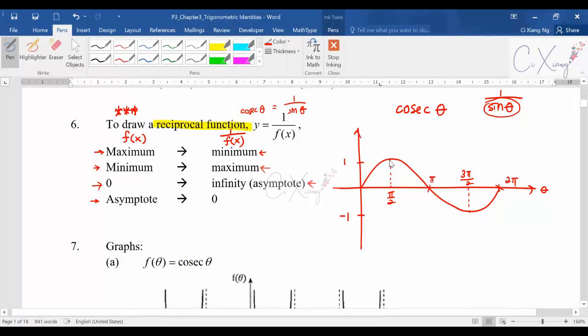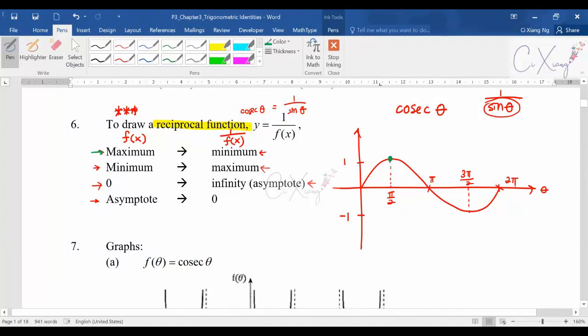Now, first rule: original graph maximum, when you take the reciprocal function, it will become a minimum. So where's the maximum point in the original graph? This is the maximum point, right?